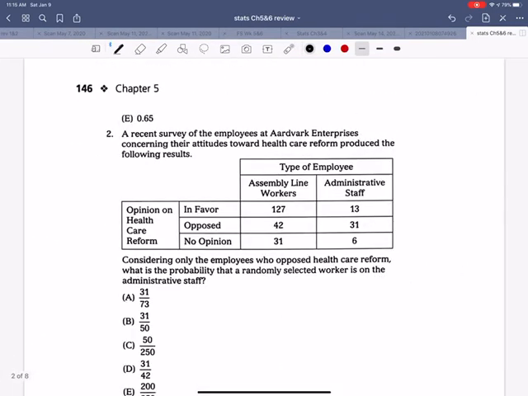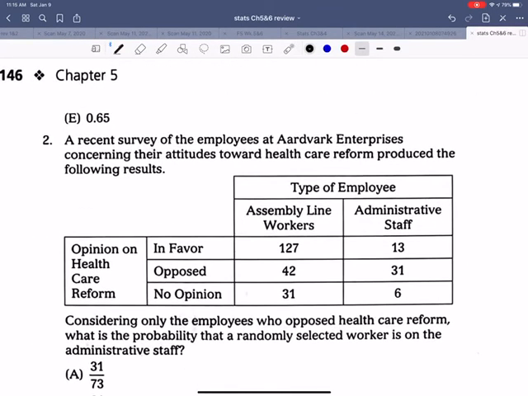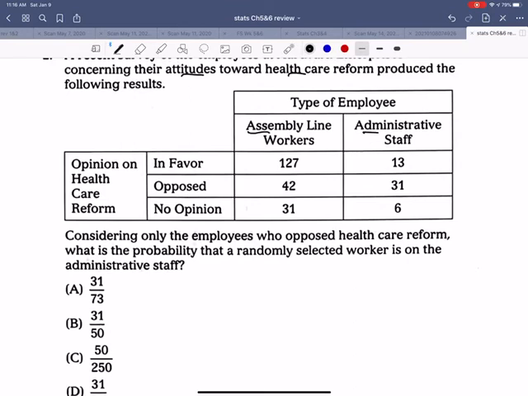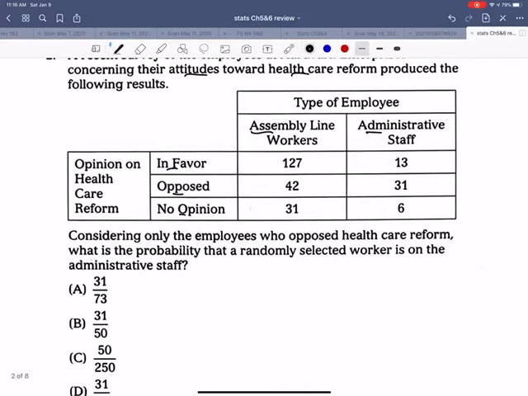Question number 2. A recent survey of employees at Artvertic Enterprises concerned their attitudes toward their healthcare reform produced the following results. So it looks like there were only 2 types of employees, assembly line and administrative, and you're either in favor, opposed, or don't have an opinion. So first and foremost, there's something missing here, right?